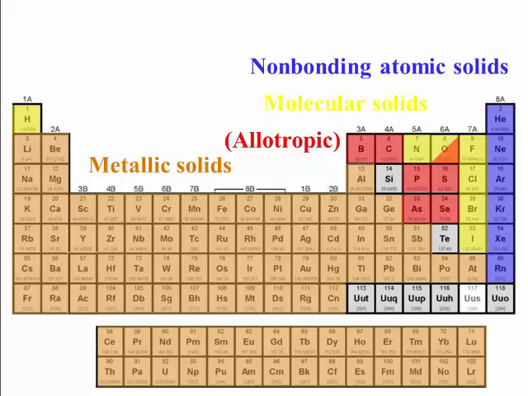I talk more about allotropes of carbon in the next video. I point out the allotropic elements here only to let you know that these elements exist in several different forms, which may be classified differently in terms of crystal types. One more thing, please note, allotropic is not a type of solid. That's why I put the word in parentheses.